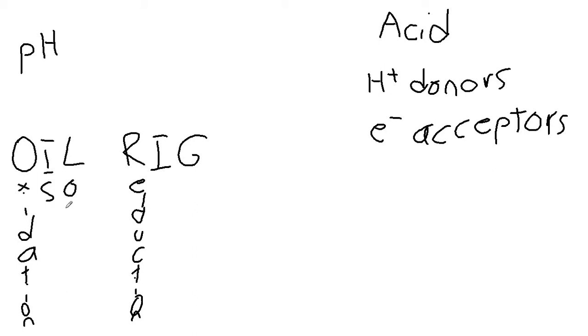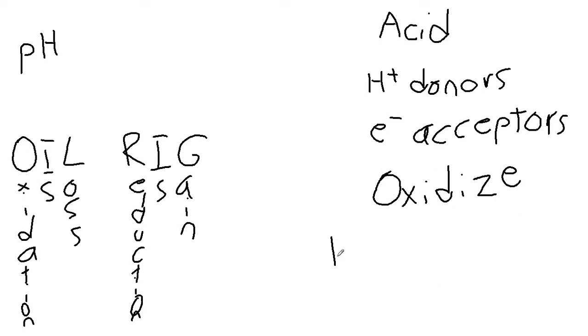Oxidation is loss of electrons, OIL, and RIG, reduction is gain of electrons. So if acids donate protons and they accept electrons, then they'll tend to draw electrons off of things. So they will cause things to lose electrons. They will cause things to be oxidized. So acids will oxidize things.